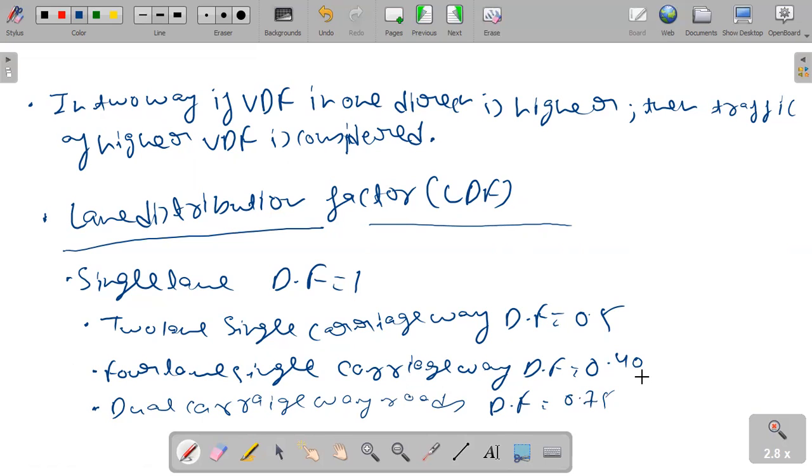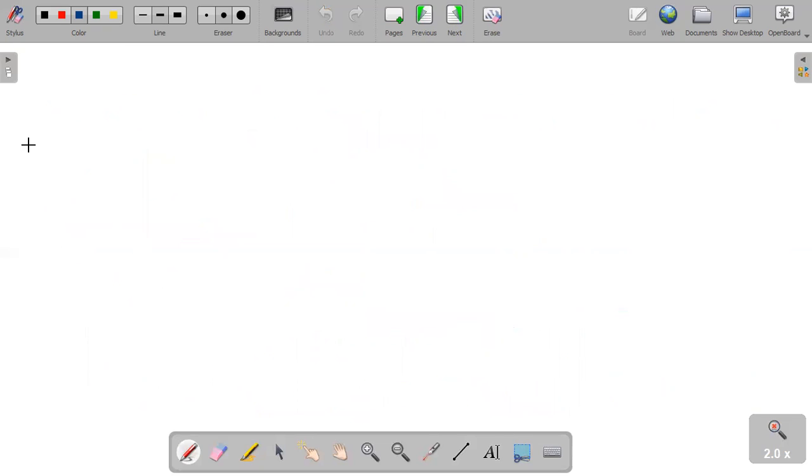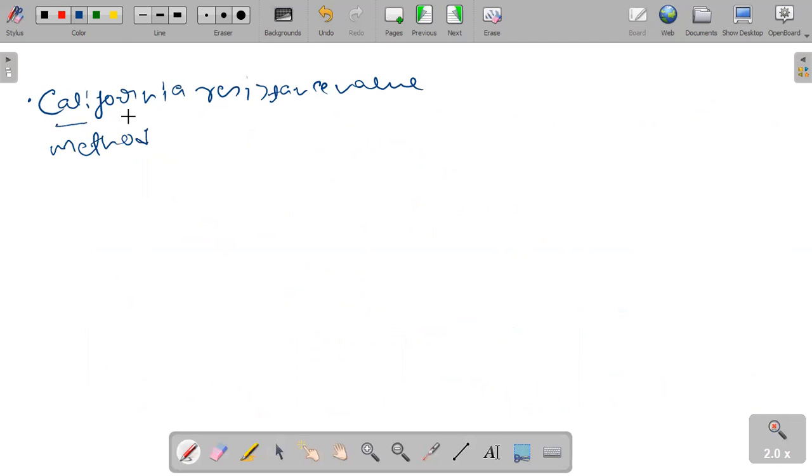Let's move to our next topic, which is the California resistance value method. What is it? We have a formula for this.